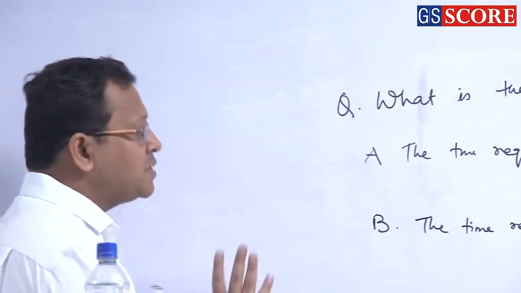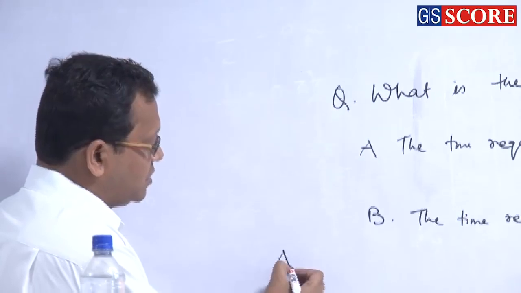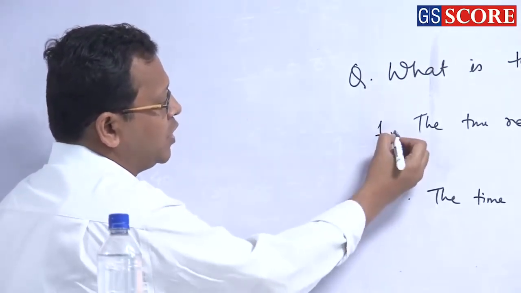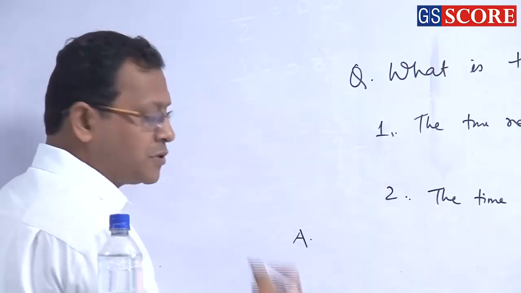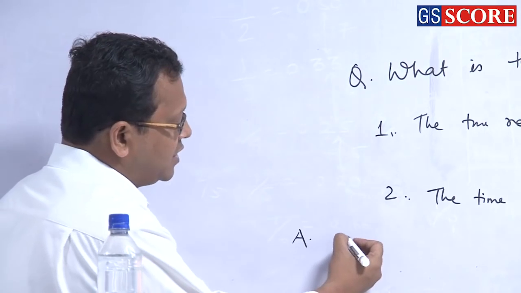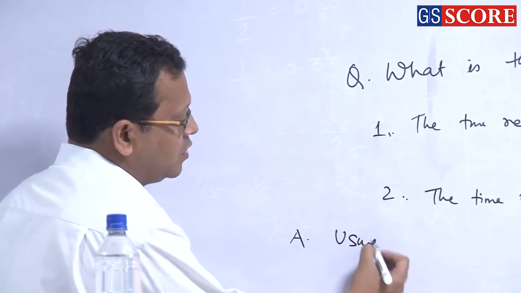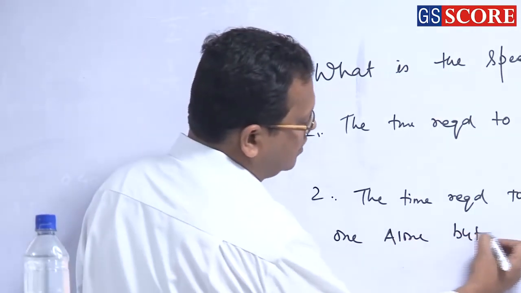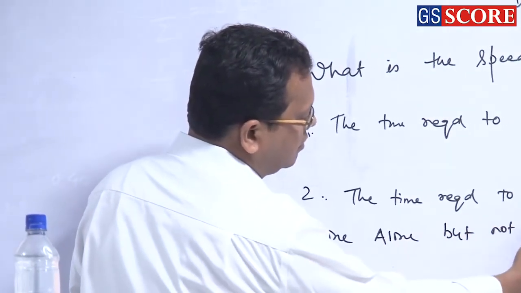And the options will be something like this. The first option, so I take it as 1 and 2 pieces of information, 1 and 2. The first option will be something like this. Question can be answered using one alone but not other.